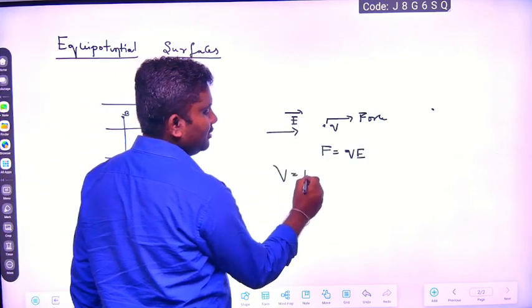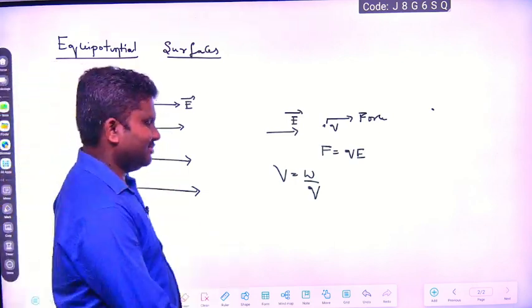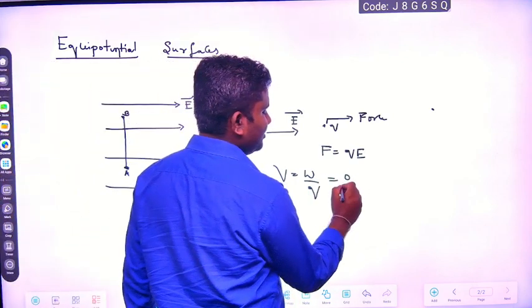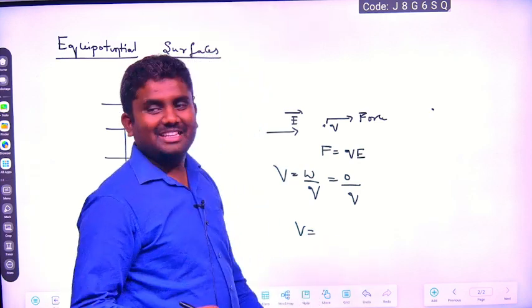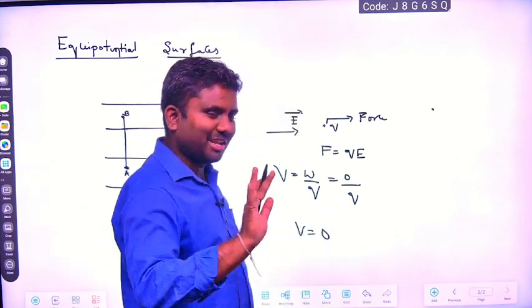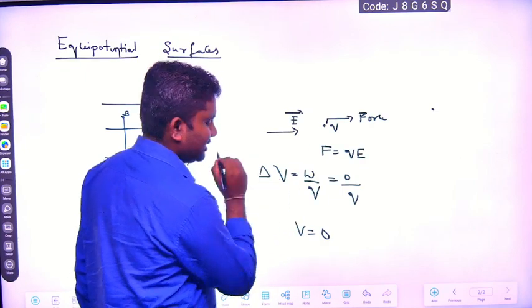So, what is potential? It is work done per unit charge. When the work done is 0, then what is the potential? In the sense, the potential difference is 0, not the potential. This is delta V, you can write.